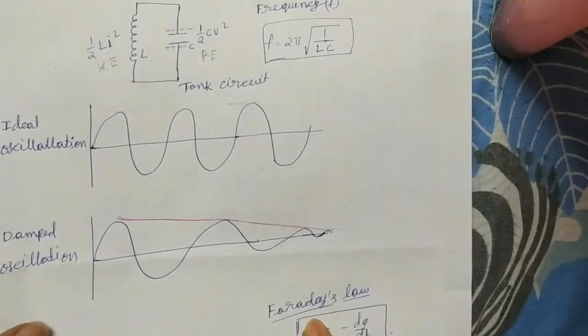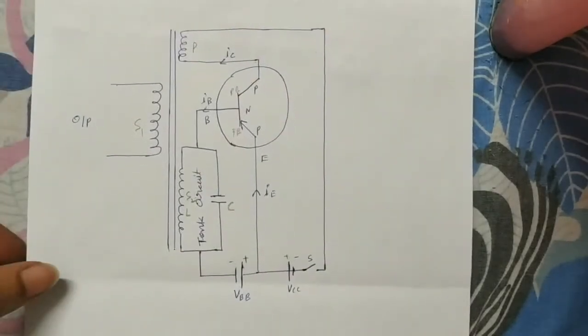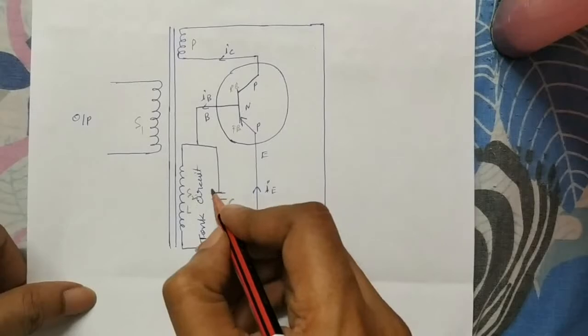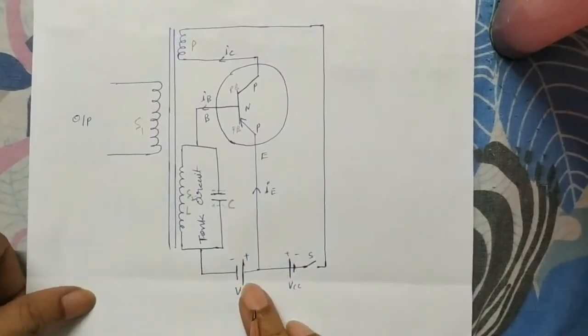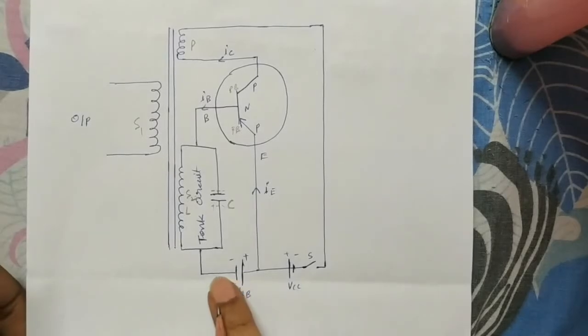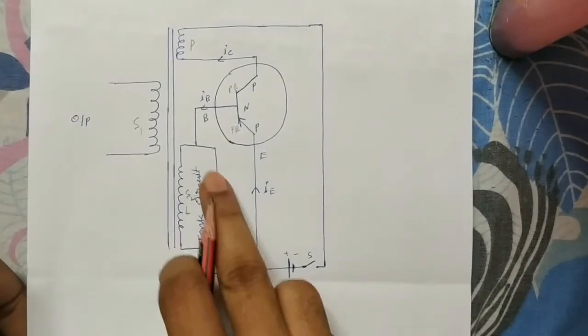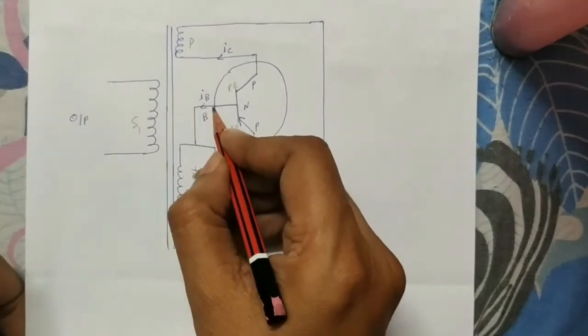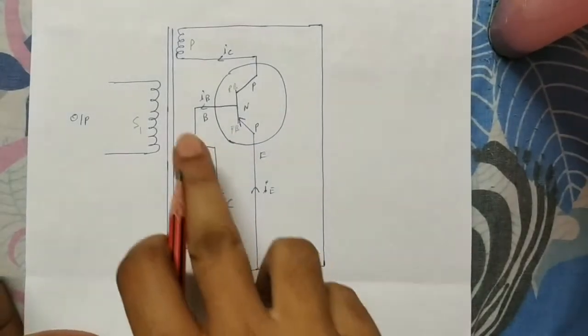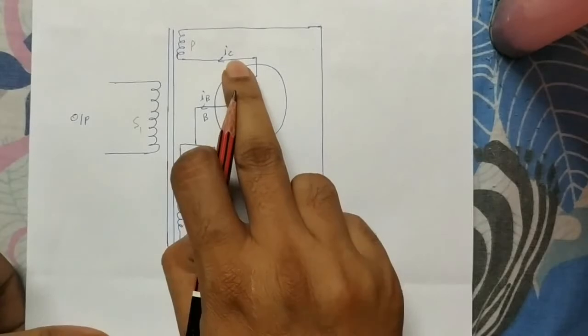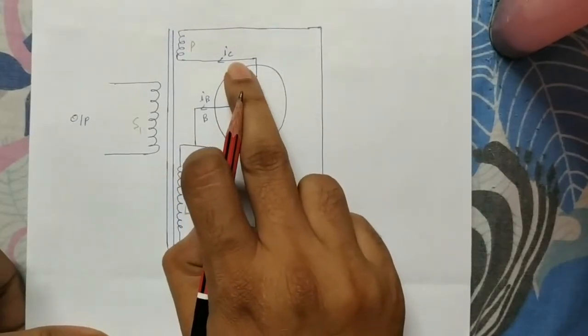Now we'll see how it works. Initially, this plate is negatively charged and this plate is positively charged, we can think. The negative charge is connected here, so the base current I_B starts increasing. Whenever it increases, the collector current also increases. Why?